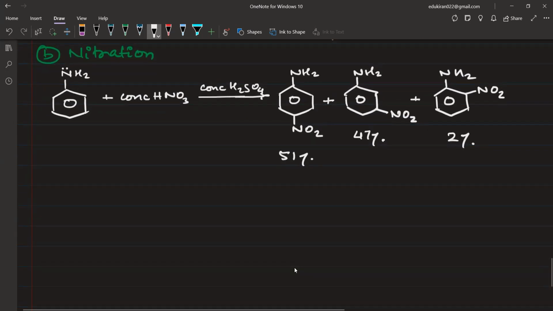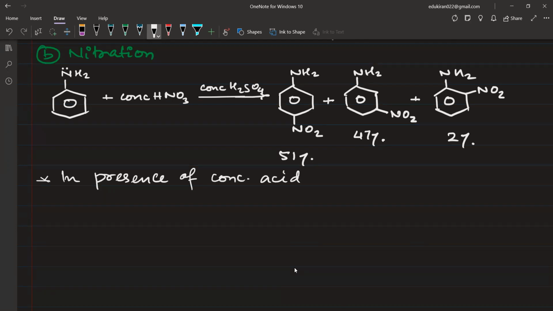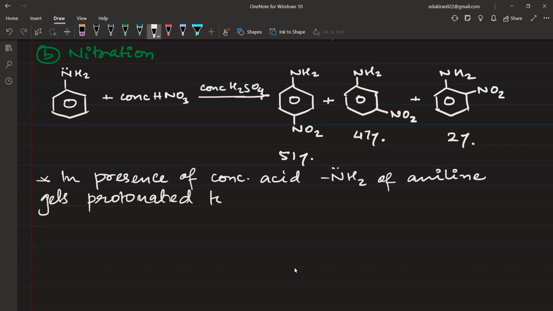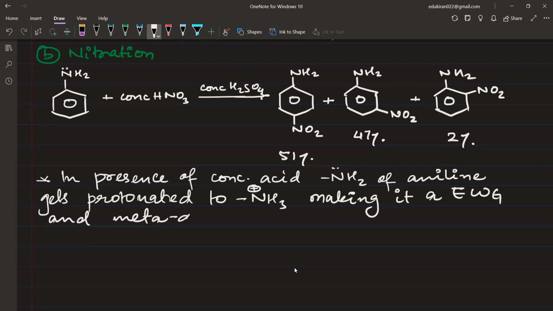In presence of strong, concentrated acid, NH2 of aniline gets protonated to NH3 positive, making it an electron withdrawing group and meta-directing.